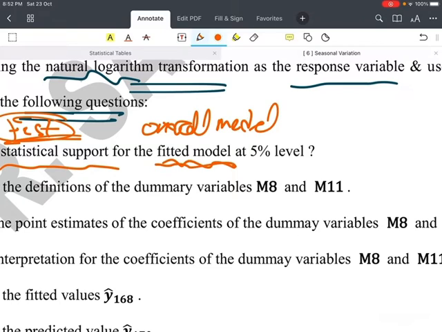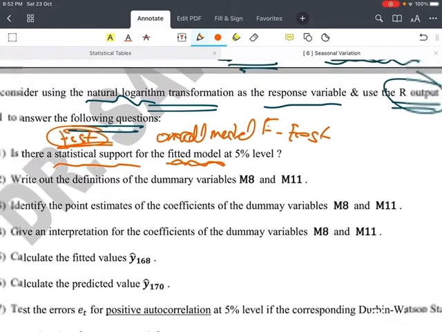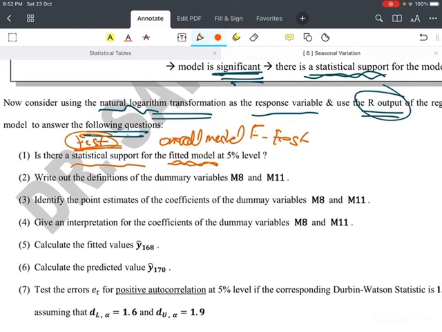I will choose the F test. I will choose F test. At 5% level means 0.05 is the alpha.